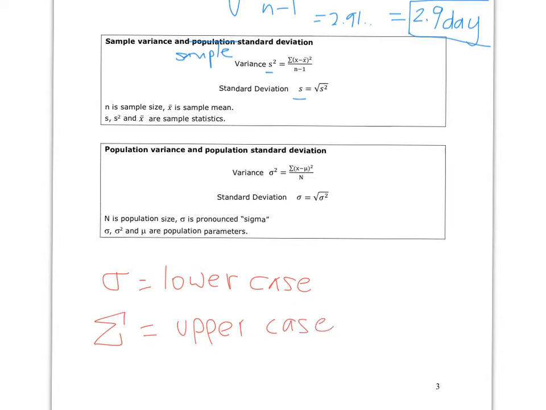Now, the one thing that you'll notice is that for the variance we divide by n, the population size, instead of subtracting 1.